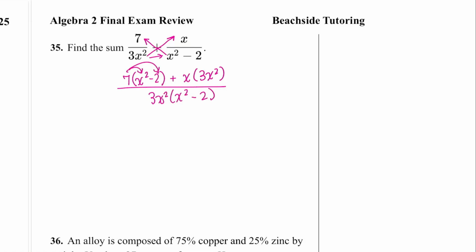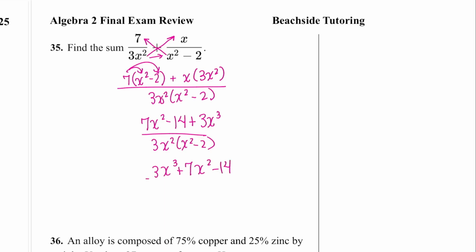After we distribute this, we get 7x squared minus 14 plus 3x cubed, and we can leave our denominator factored. So this is going to be (3x cubed plus 7x squared minus 14) over 3x squared times (x squared minus 2).